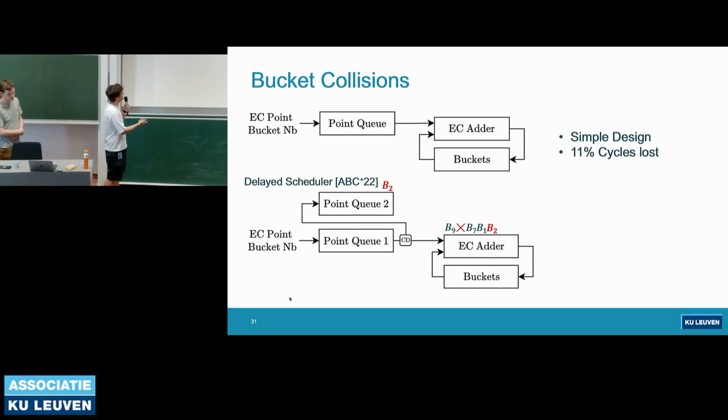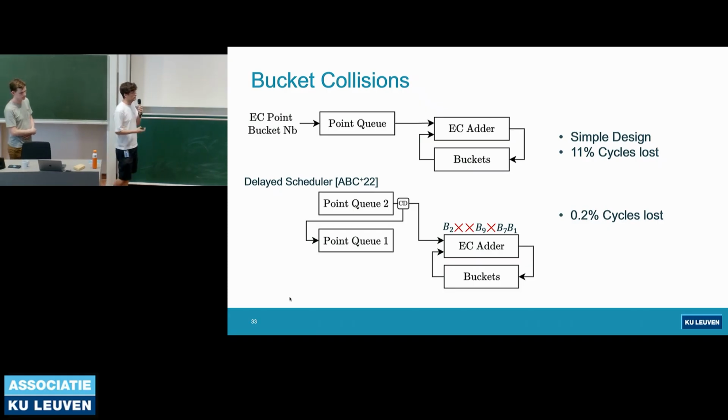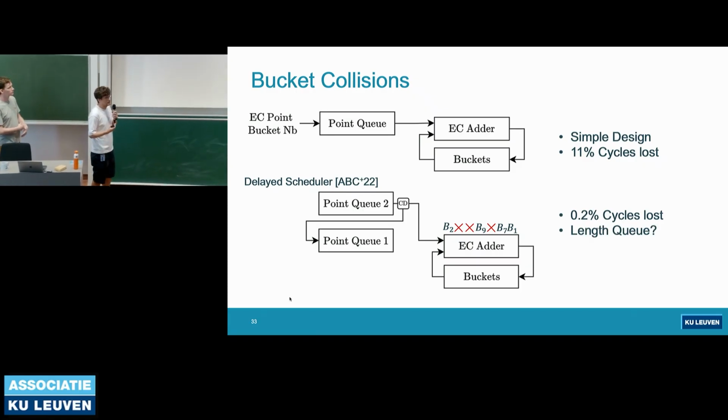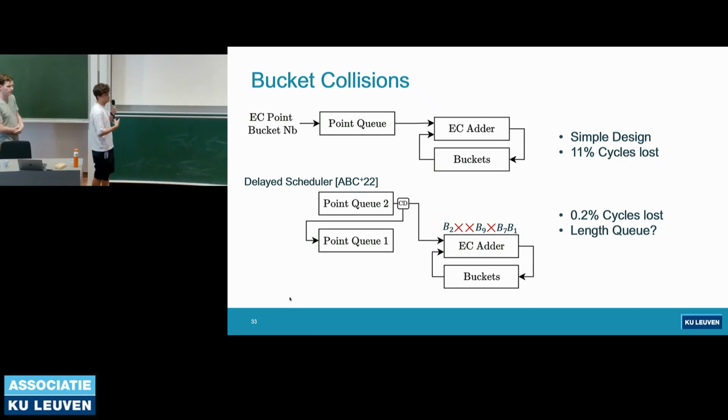At the end, when the queue is empty, you just go to the second queue and start again. This scheduler only loses around 0.2% of the total cycles, which is quite an improvement compared to the simple design. However, there are quite some complexities to design this in hardware. For example, what should the length of Q2 be? Because in the worst case, almost all points are colliding and they have to be stored in Q2.